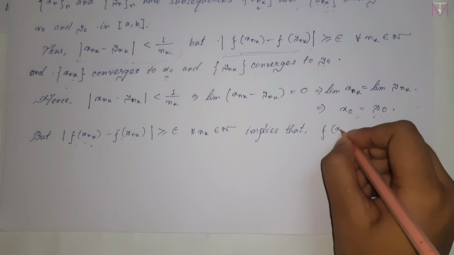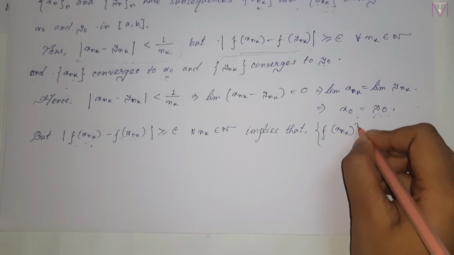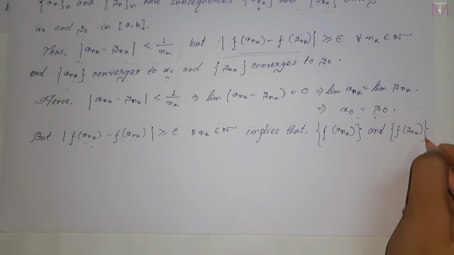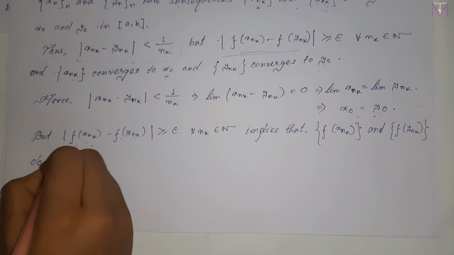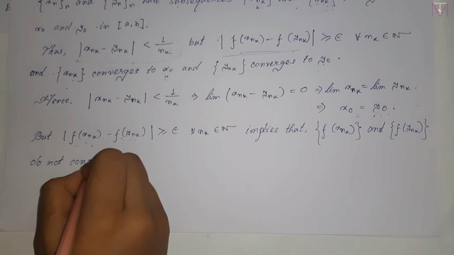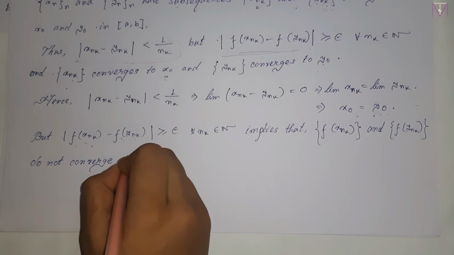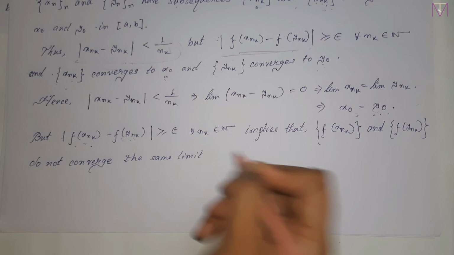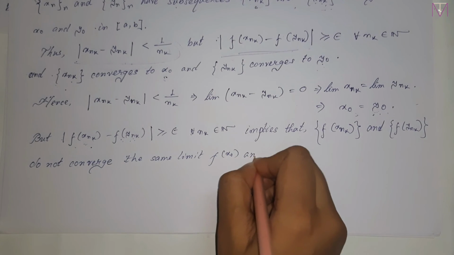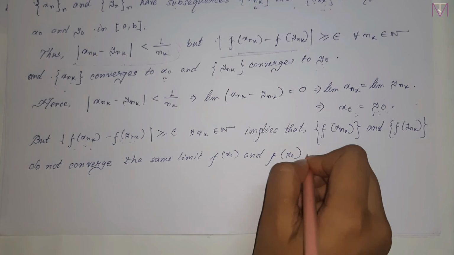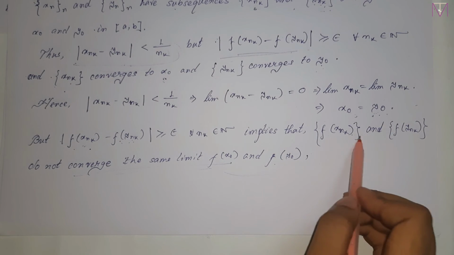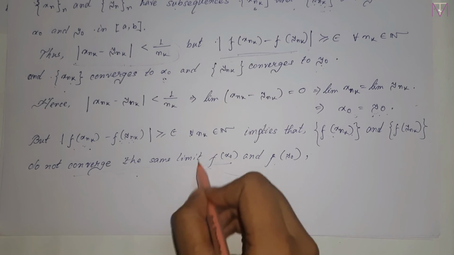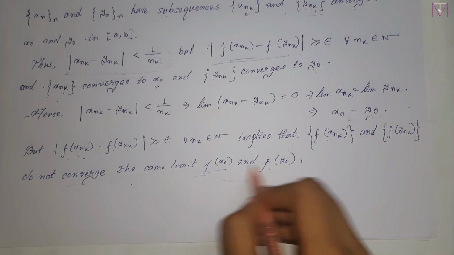So let's write this. If f is continuous, then these two sequences obviously converge to these two points, f(x0) and f(y0).